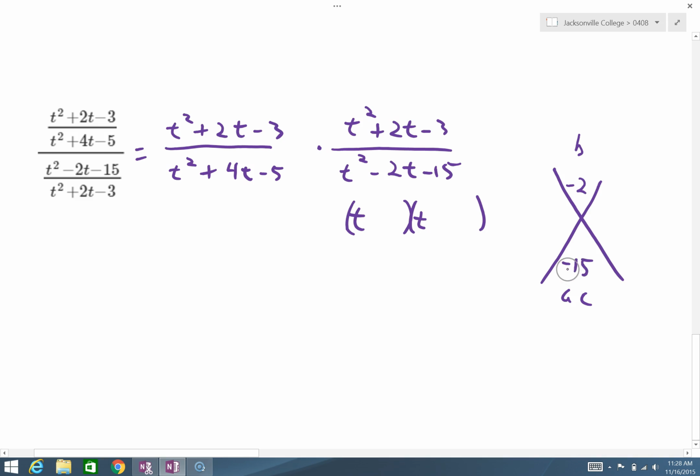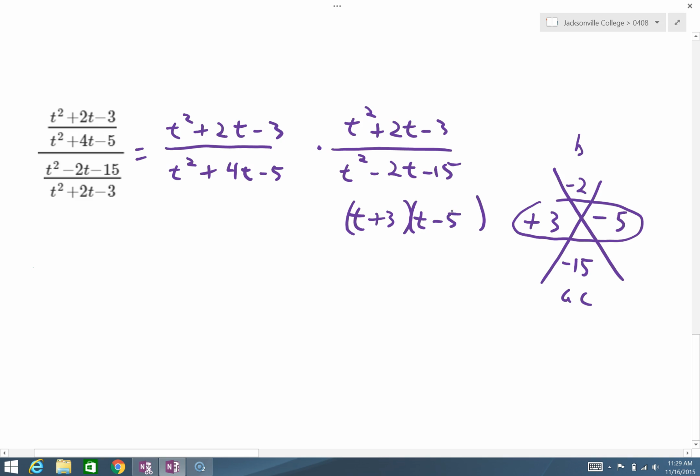Since this is a subtraction, I know one will be a plus, one will be a minus, because I need two things to multiply to be negative 15. Well, what multiplies to give 15 but subtracts to give 2? Well, that's going to be 5 and 3. Negative 5 times positive 3 is a negative 15, but negative 5 plus 3 is a negative 2. These two will go here. Plus 3 and minus 5.